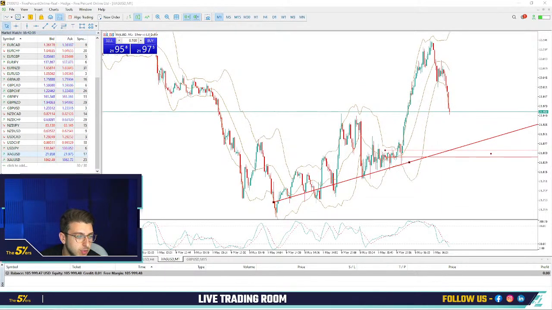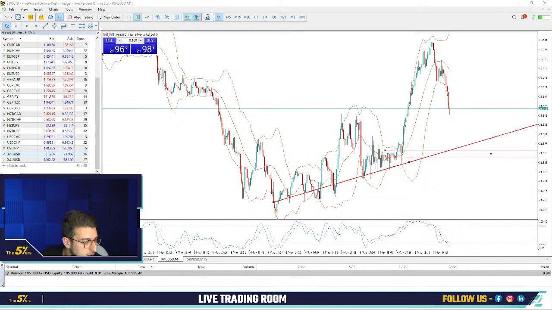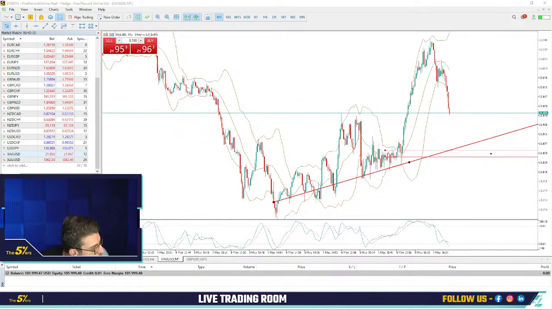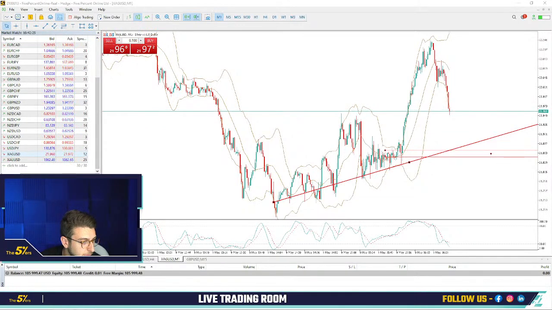Open 1% and 1.30% down for the S&P. That's what we see in the futures. But still, not much movement up and down. We are still checking where the price is going.